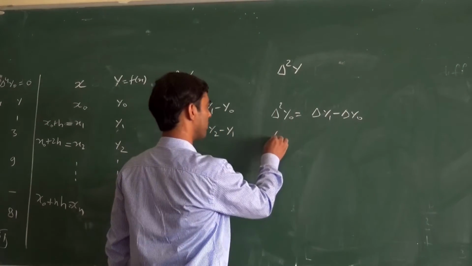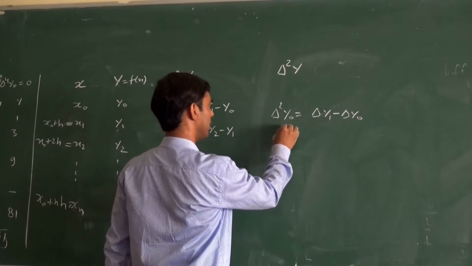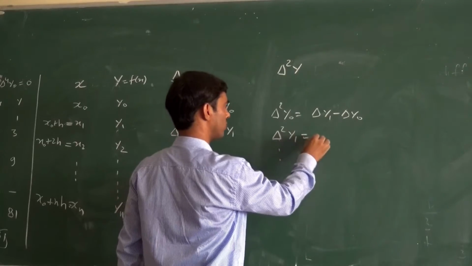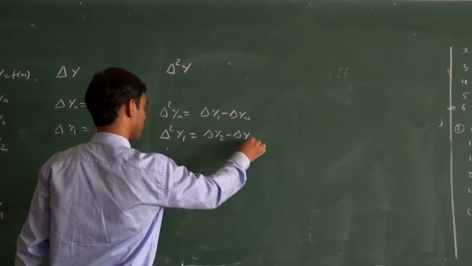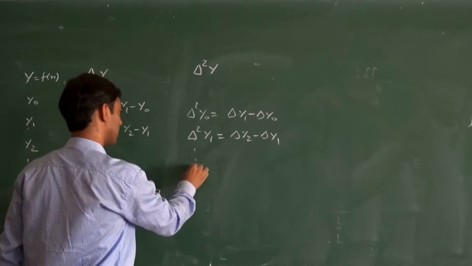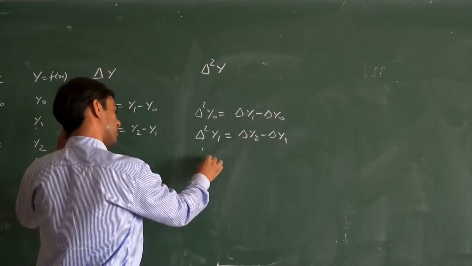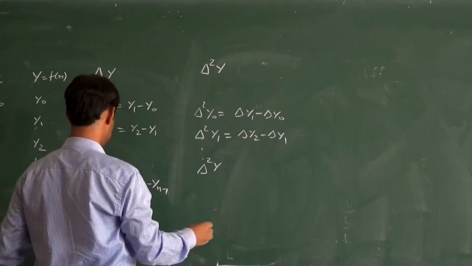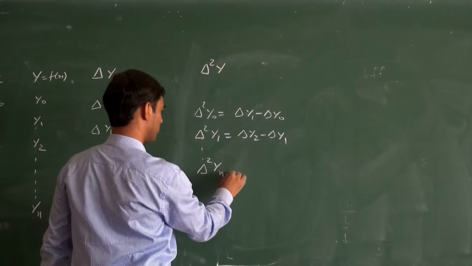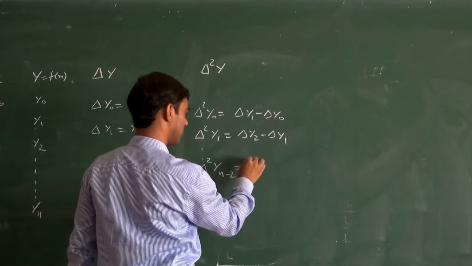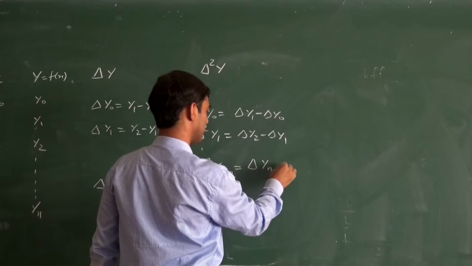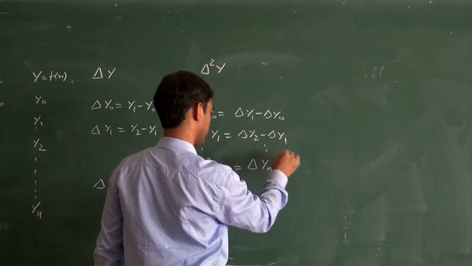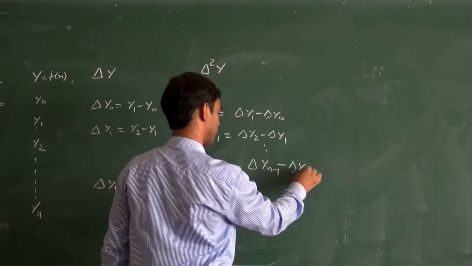Similarly, what is the value of del 2 y1? Del 2 y1 is del y2 minus del y1. And the last value is del 2 y(n minus 2), which is del y(n minus 1) minus del y(n minus 2).